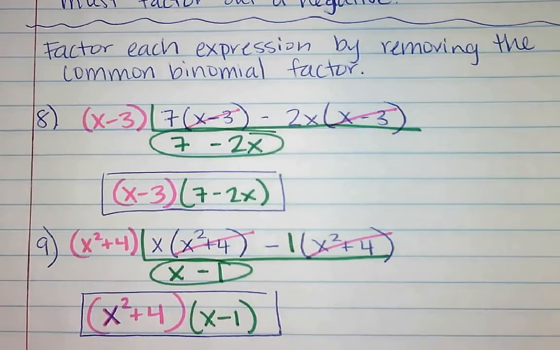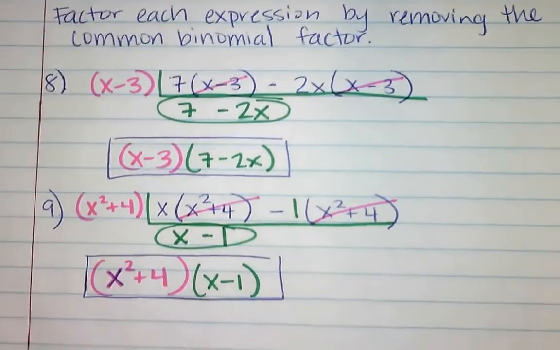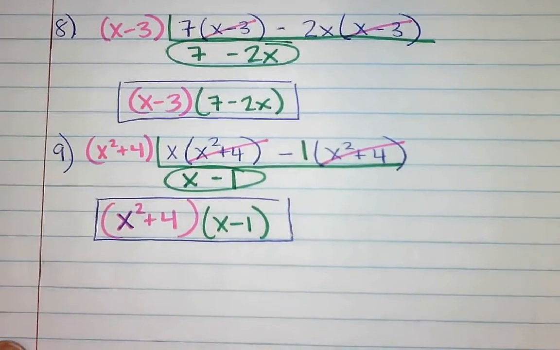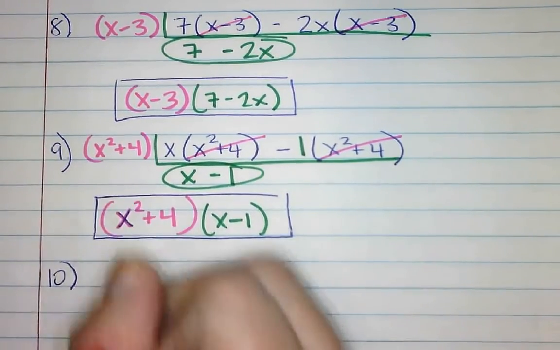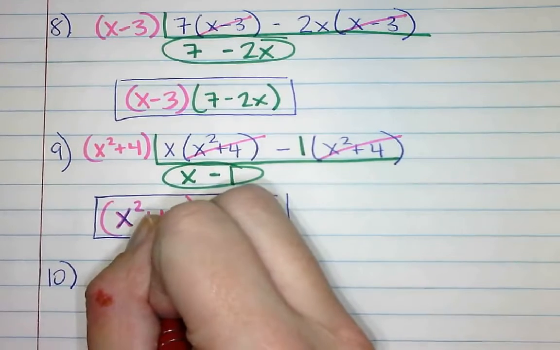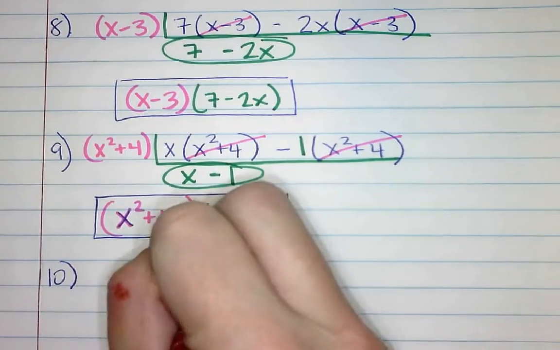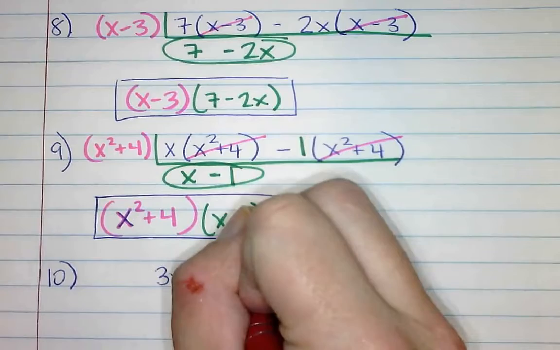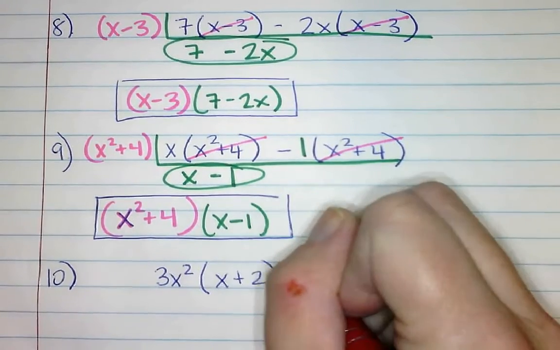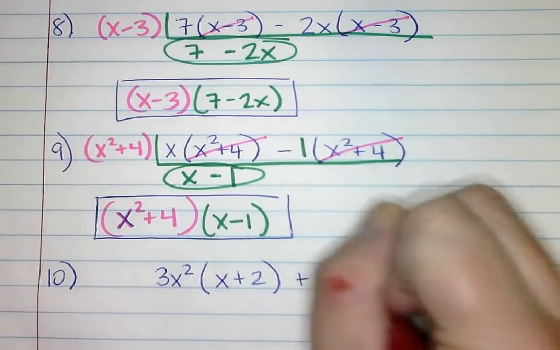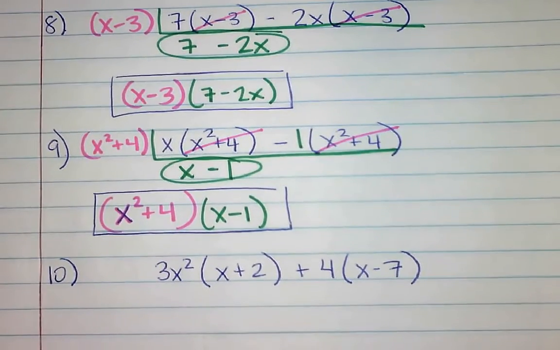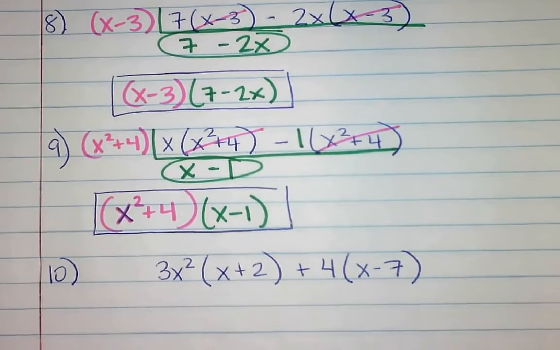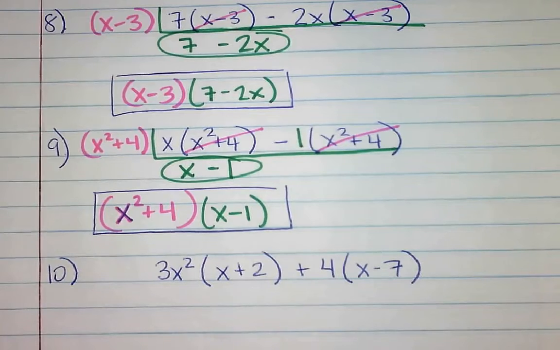All right, last example on this page. We have 3x squared times x plus 2 plus 4 times x minus 7. What do they have in common with one another? We're looking at the whole factor.